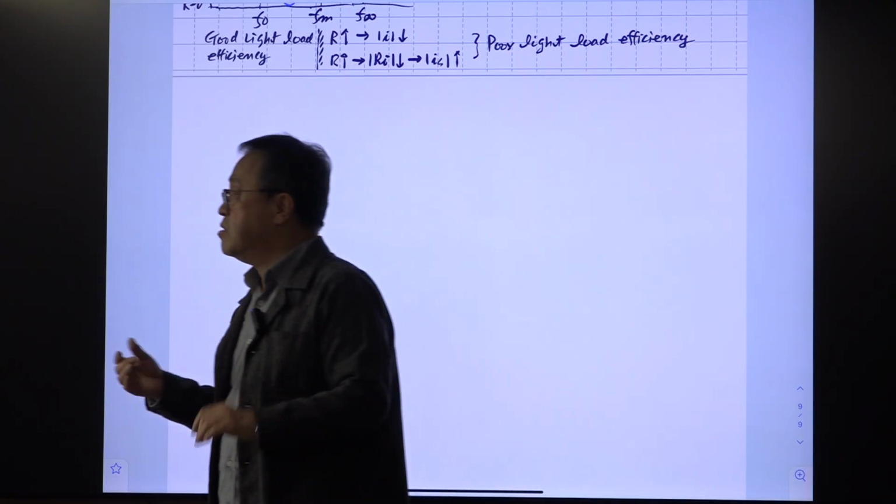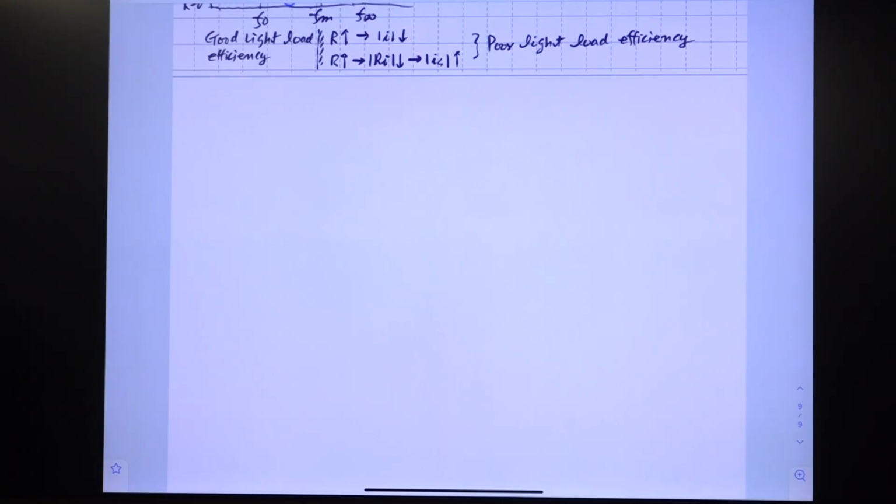When you are designing the controller, when you are studying the dynamics, you should understand this global behavior of your converter. Okay? This is the big difference between a PWM converter and a resonant converter. A resonant converter is more complex, but more interesting. Okay, thank you.